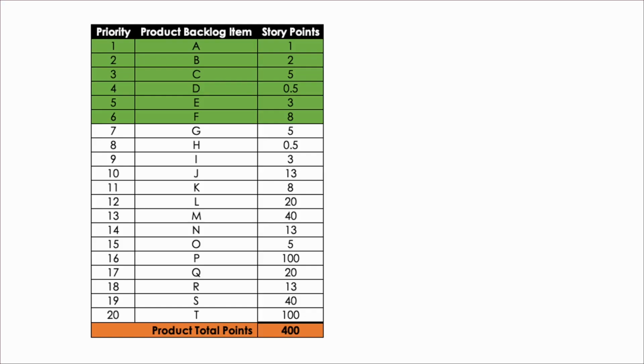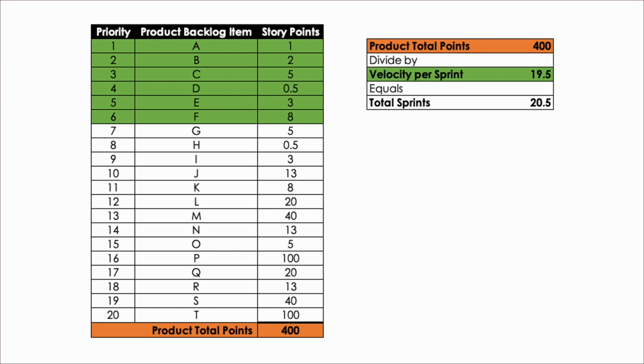We begin by taking the total number of points in the product backlog and we divide it by the team's velocity. So in this example, it's 400 divided by 19.5. And what does that tell us? Well, it tells us how many sprints it will potentially take to get this product backlog done. In this calculation, you can see it comes out to be 20.5.